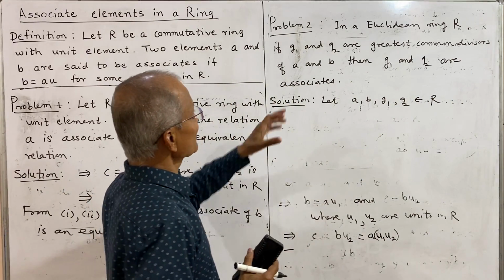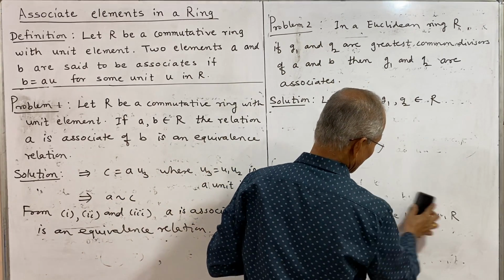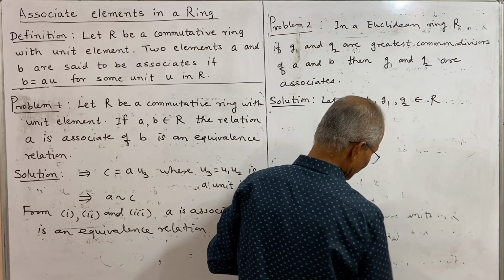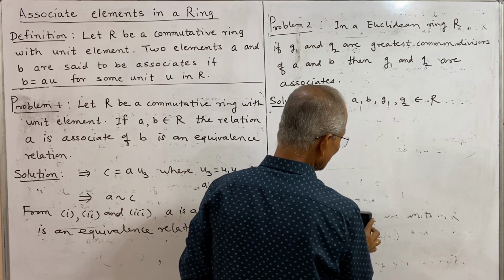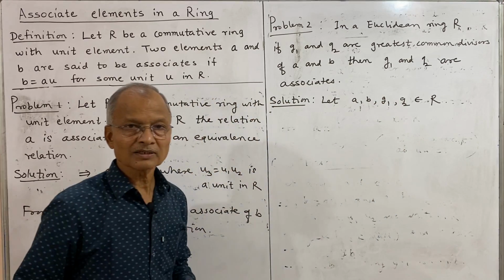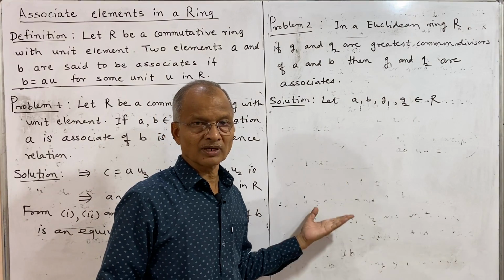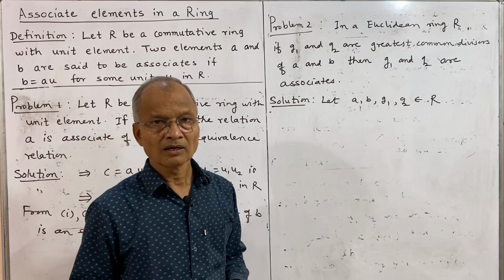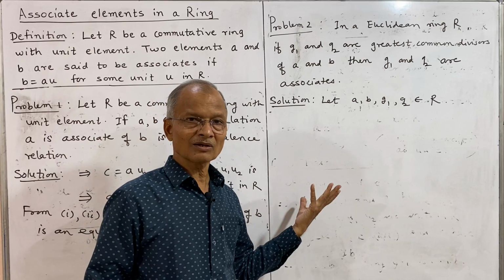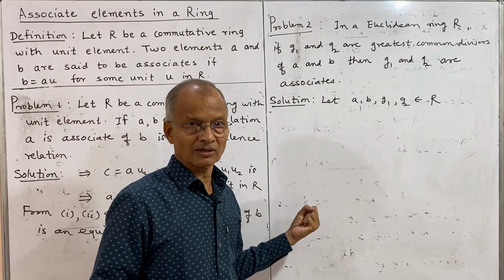What is given is that G1 is a greatest common divisor of A and B, and G2 is also a greatest common divisor of A and B in R. Now we know that the greatest common divisor is unique in the ring of integers, but it is not actually well defined in the ring of real numbers, because in the ring of real numbers any non-zero elements divide each other, and therefore there is not a unique greatest common divisor.